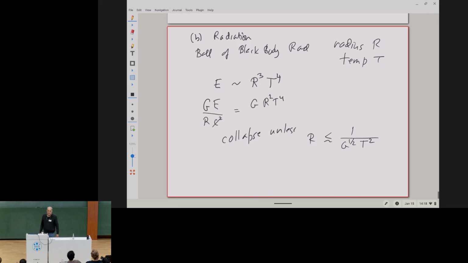So a sufficiently big ball of black body radiation will collapse to a black hole, and therefore, even before you introduce the black hole, in the presence of gravity you can't have thermal radiation filling all space. So with zero cosmological constant we can't have perfect equilibrium between a black hole and radiation, because both the black hole and the radiation are unstable.